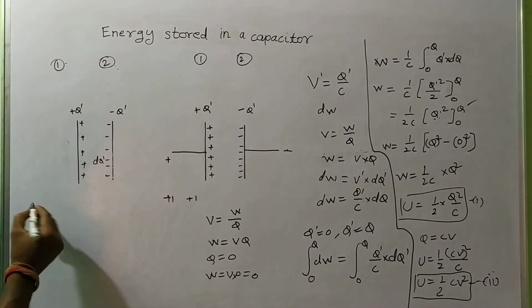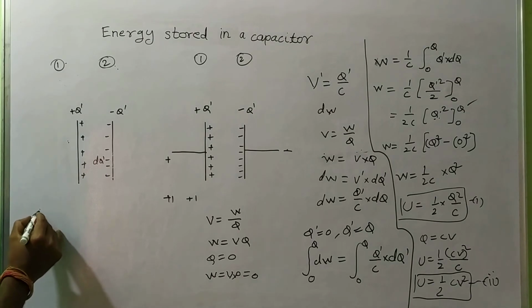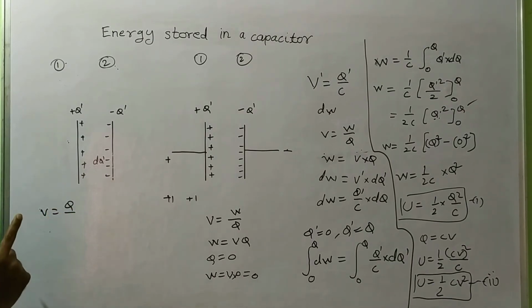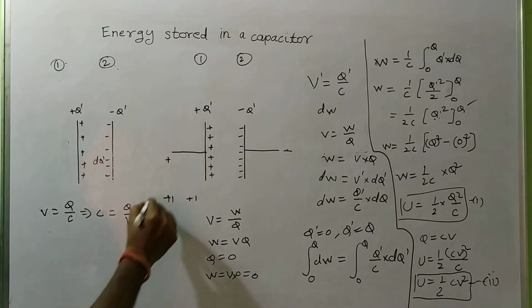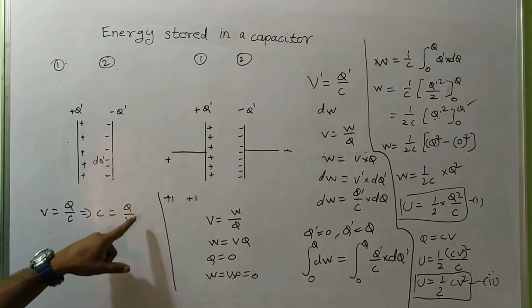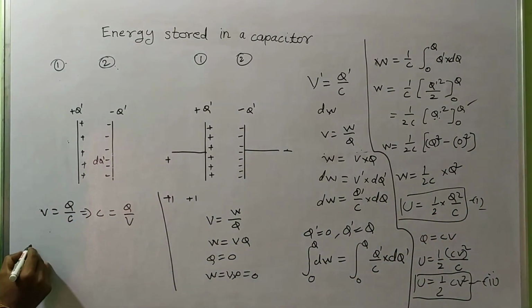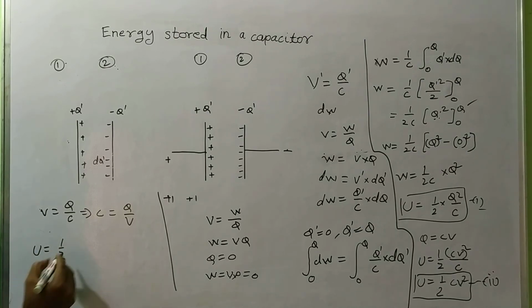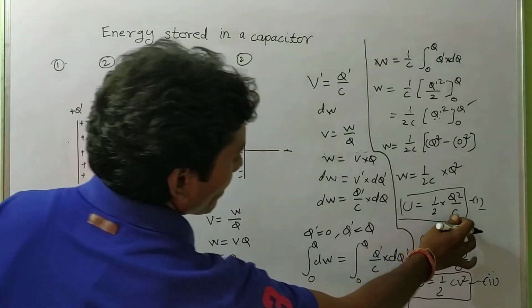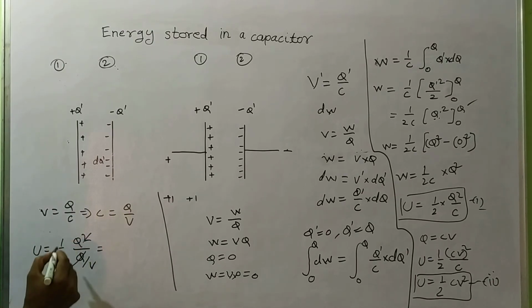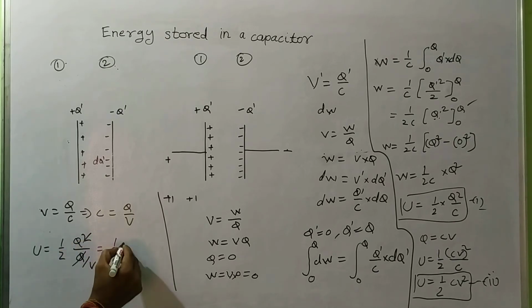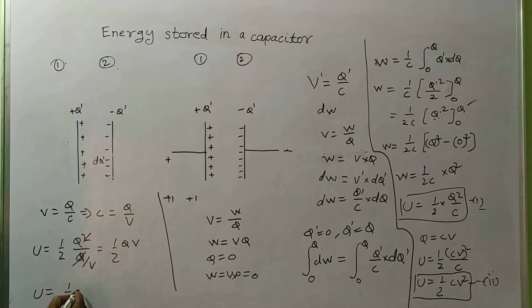We also know that V equals Q upon C, or C equals Q upon V. On putting the value of C, Q upon V, in equation first, we will get U equals 1 upon 2 into Q square into V upon Q. Q and Q cancel, and U equals 1 upon 2 QV.